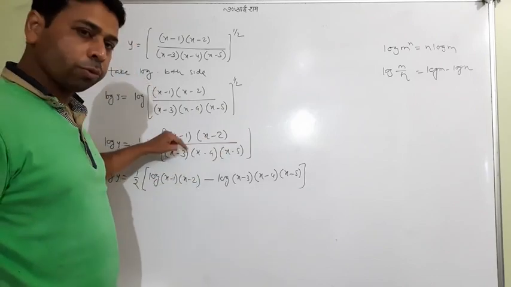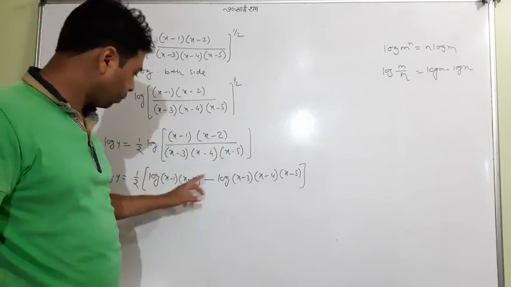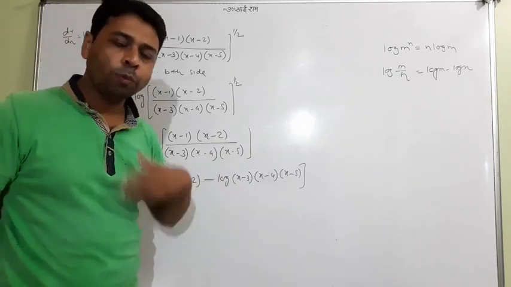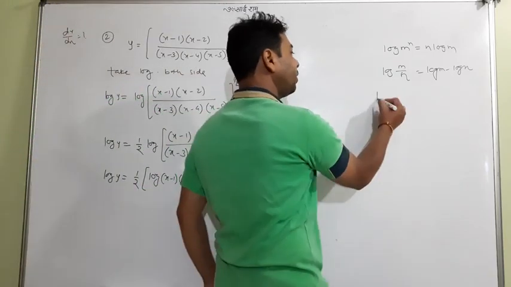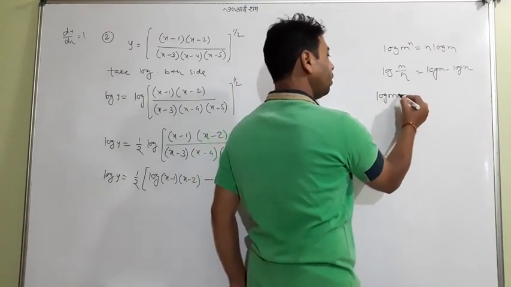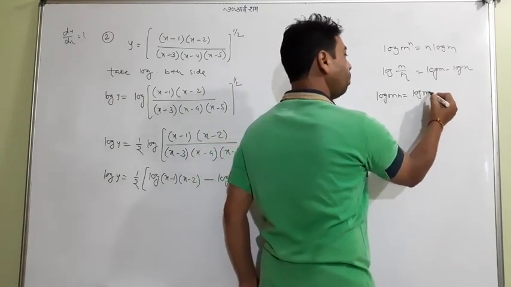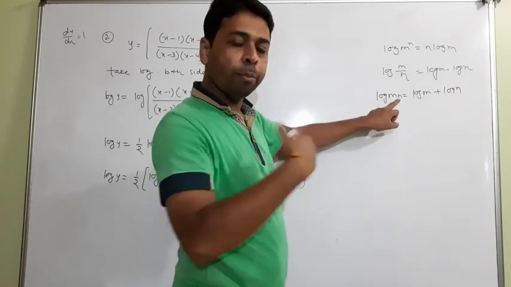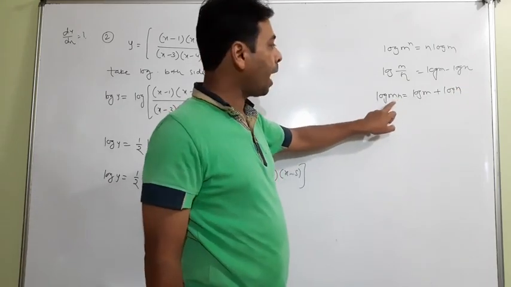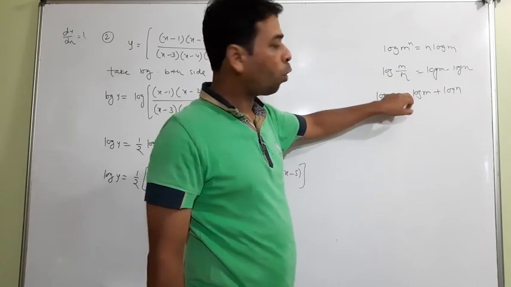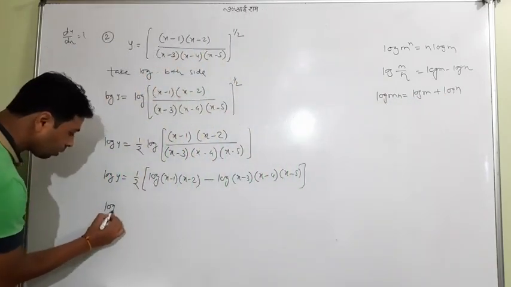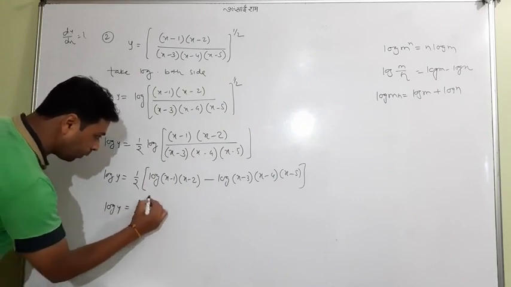Then after that, what do you feel? Log m into n and log m n p. So all will separate in addition sign. Log mn is equal to log m plus log n. Instead of mn we have a function like mnp or something like that, so all will separate in addition sign. So what is going to be here? Log y is equal to 1 by 2.